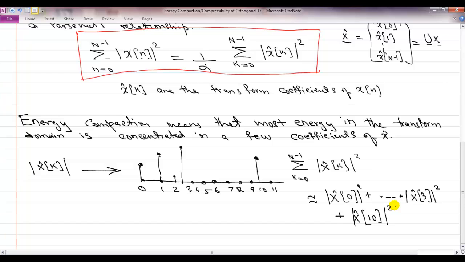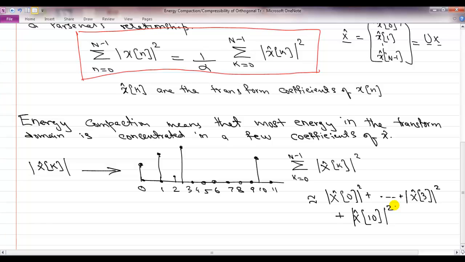The way JPEG works is you look at this huge image and you don't shrink the size of the image, but you run it through, lower the quality a little bit, and you can't really tell much difference in the quality, but the size of the image gets reduced sometimes by like 10 times. That is the principle at work. So energy compaction is a very important property when it comes to, for example, compression.